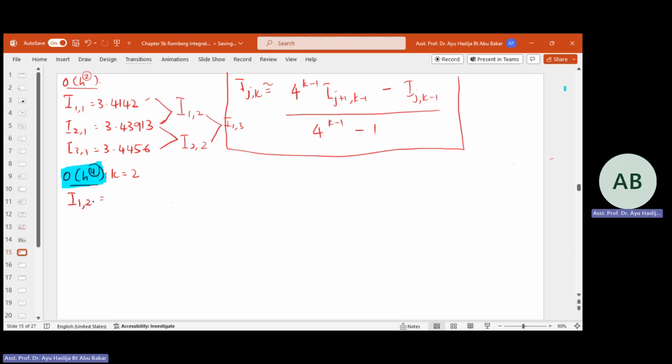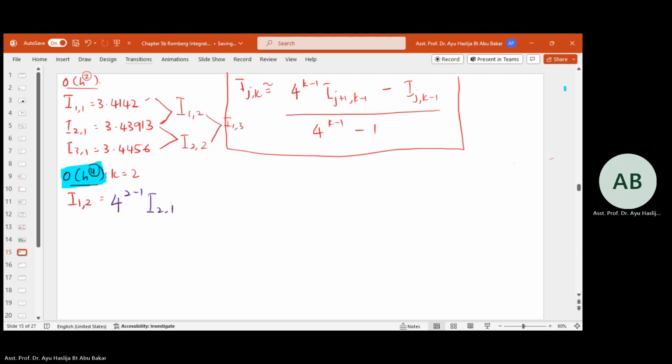Now, I12 following this Romberg equation. For K just now, we are at level 2. Okay, 2 minus 1 multiply by I(j+1), which is 2, 1.